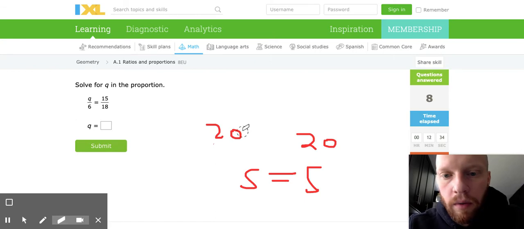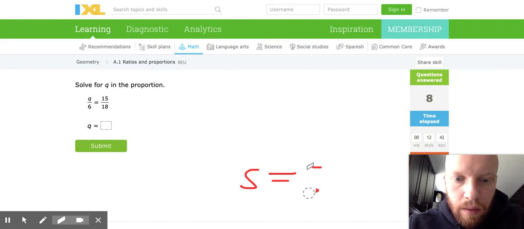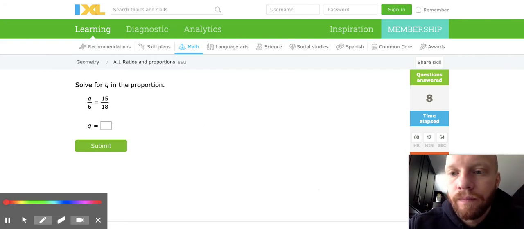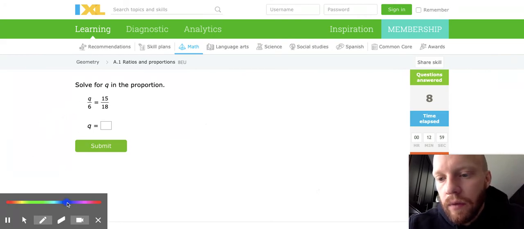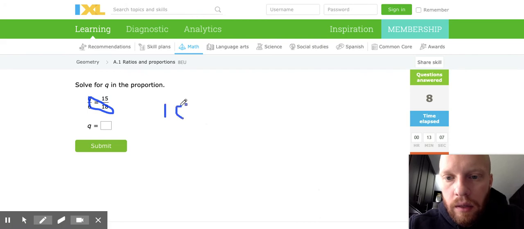Okay, let's do one more. Just going to erase this here. So I have cross multiplication, right? So let's do this in blue. Let's change the colors up. Q times 18 is going to give me 18Q.